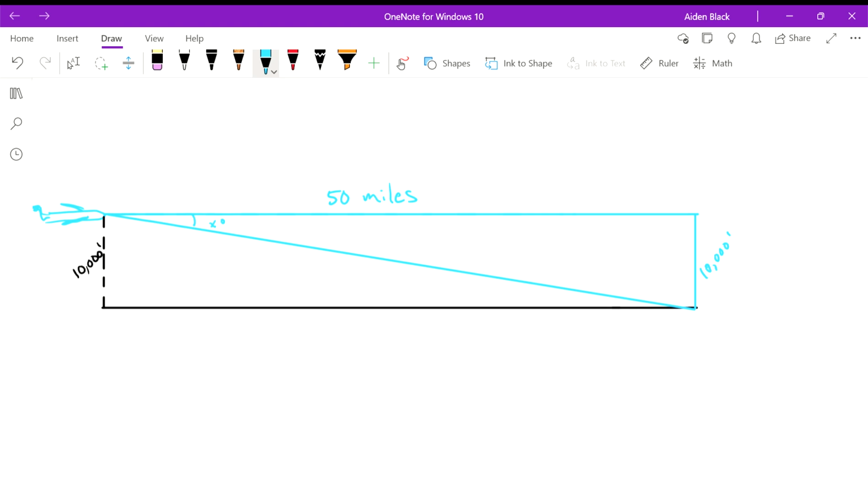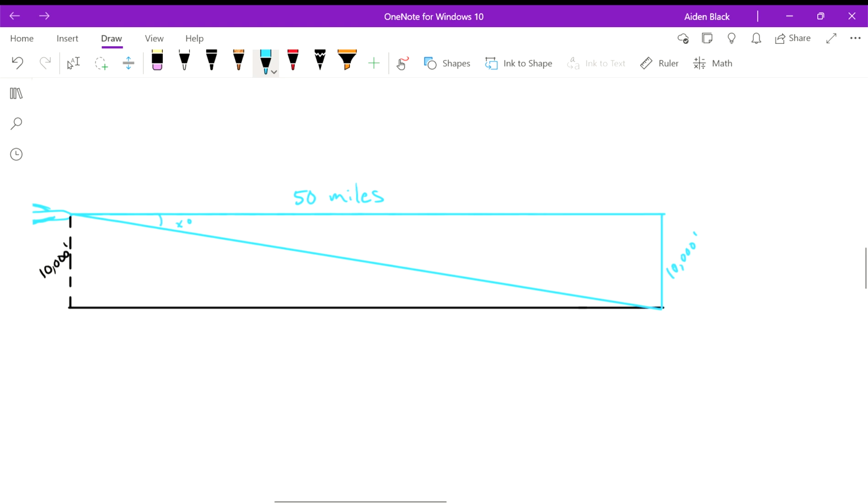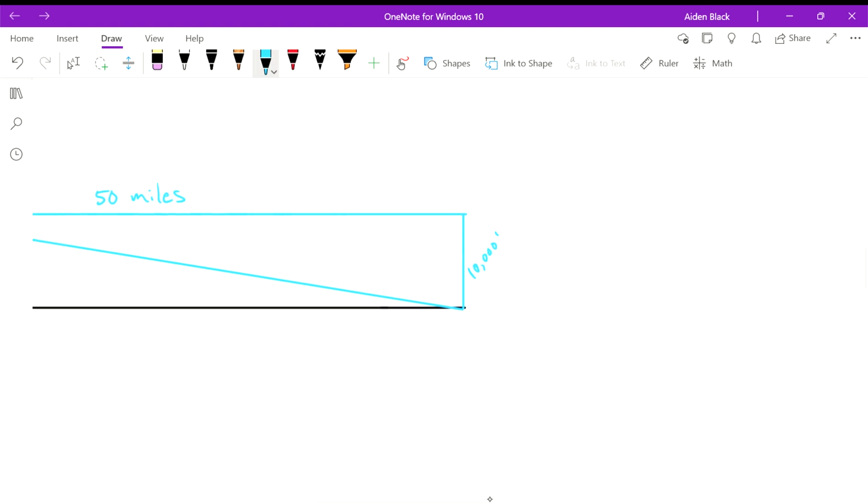One of the most difficult parts here is to change either 50 miles into feet or 10,000 feet into miles. I think it might be easier to deal with miles since they're smaller numbers. So how many feet are in a mile? If you look it up, that is 5,280 feet per mile, and we have 10,000 feet.